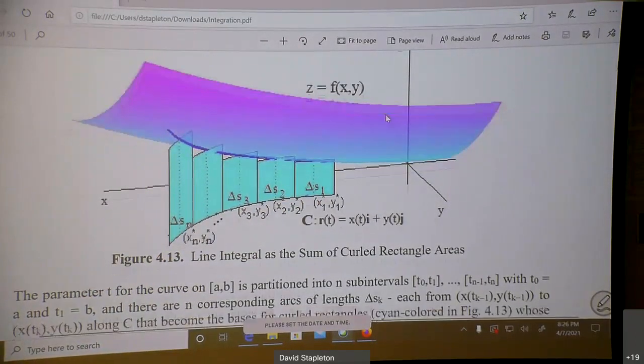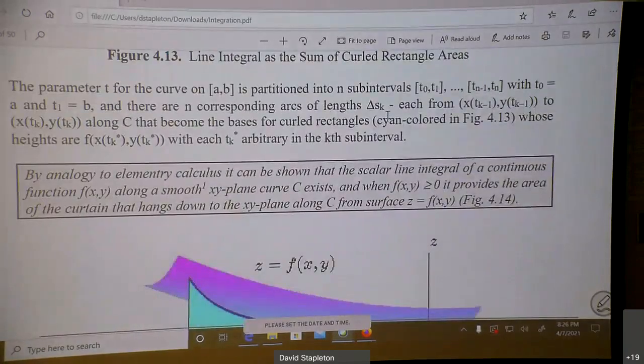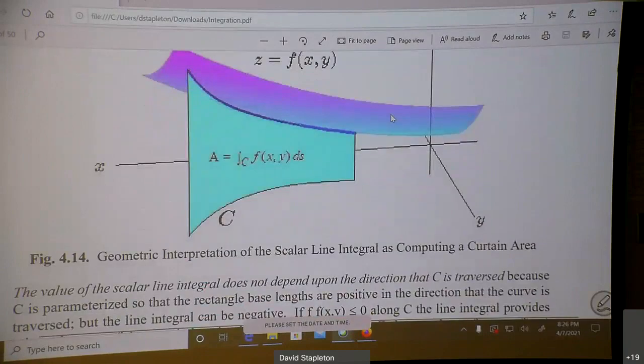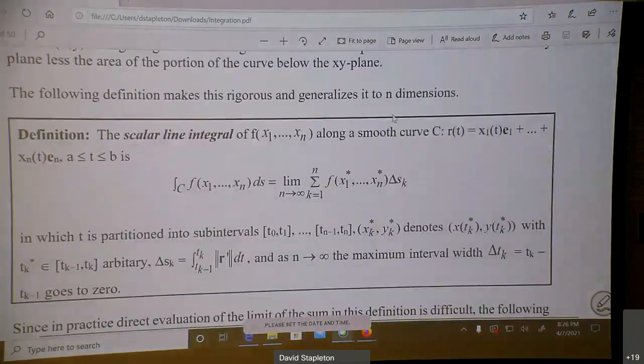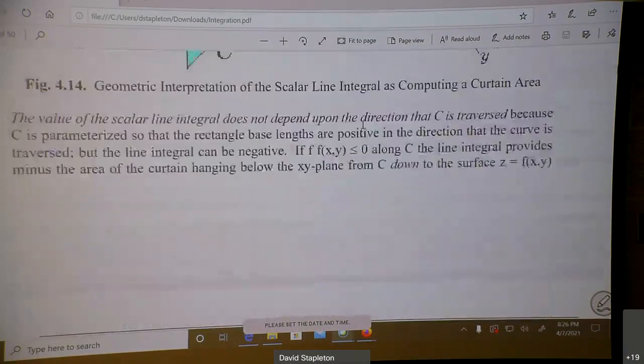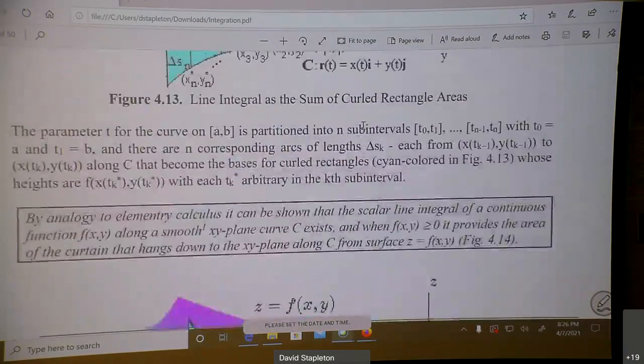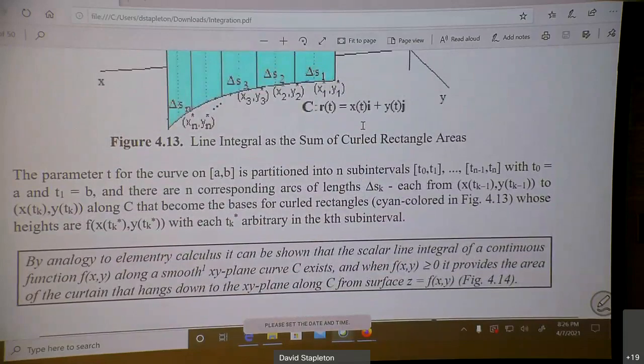Let's just say, here's the definition. What you do is you have a parameter for these points, right?